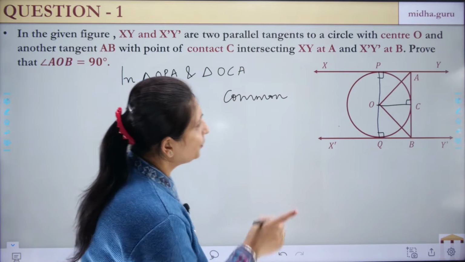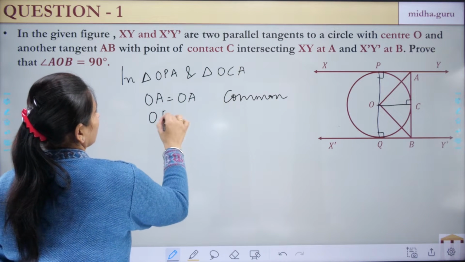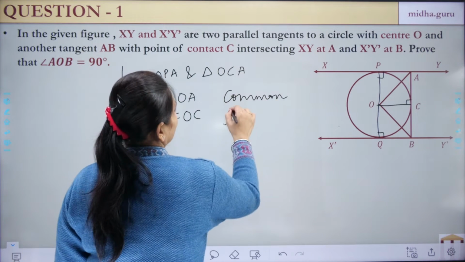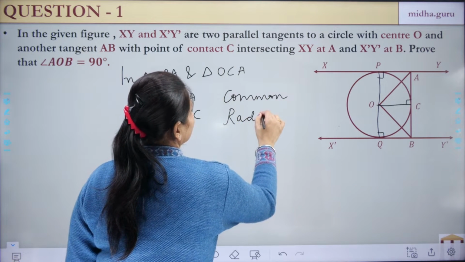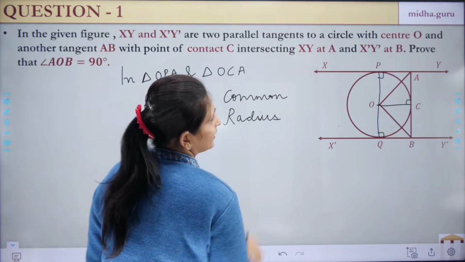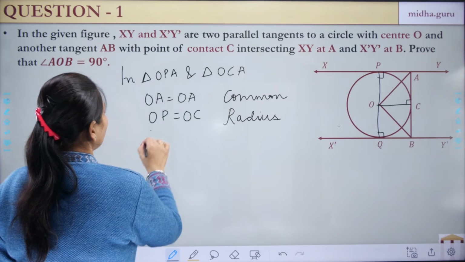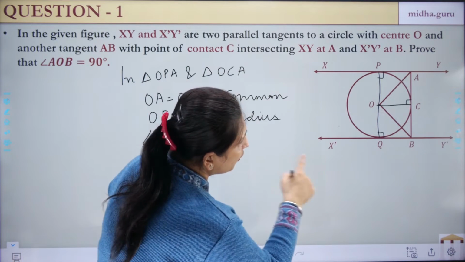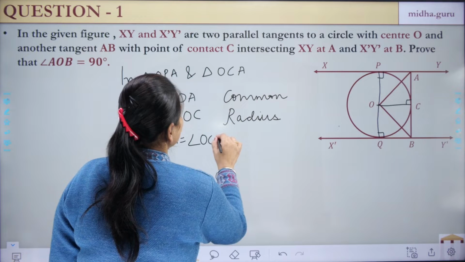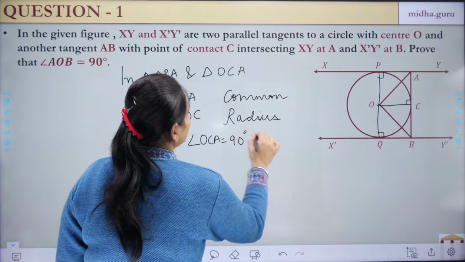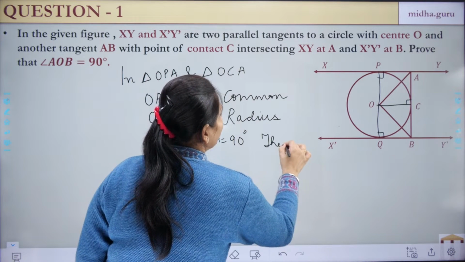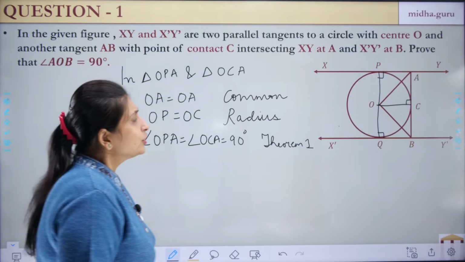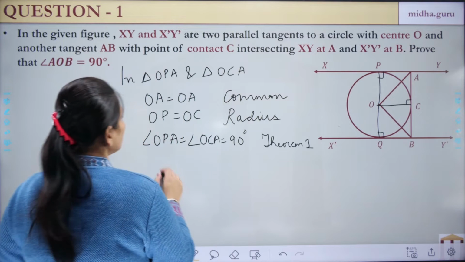Next, OP is equal to OC, they are the radius of the same circle. Next, angle OPA is equal to angle OCA, which is 90 degrees. Just write the theorem, theorem 1; you have to just write the statement of that theorem. So these two triangles are proved congruent.